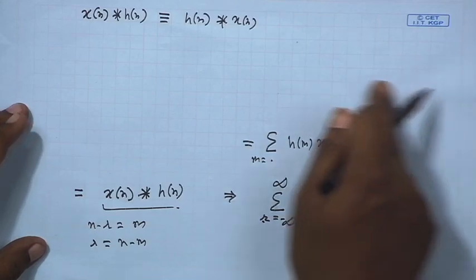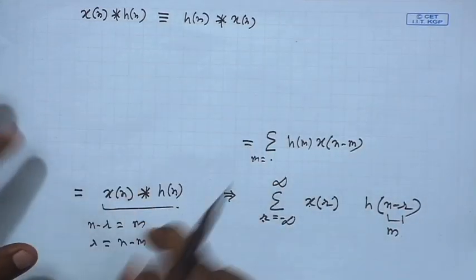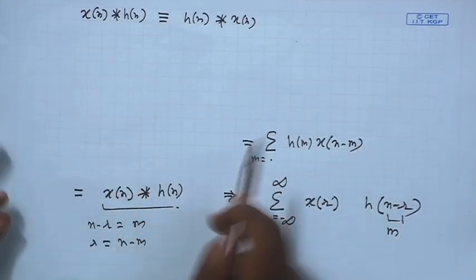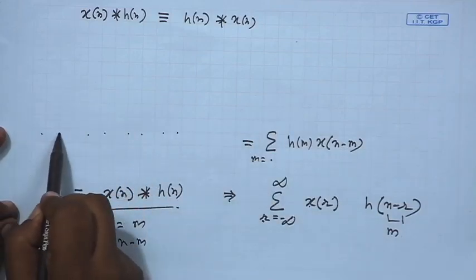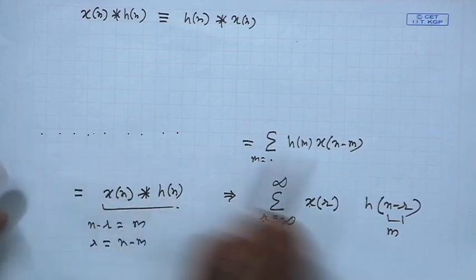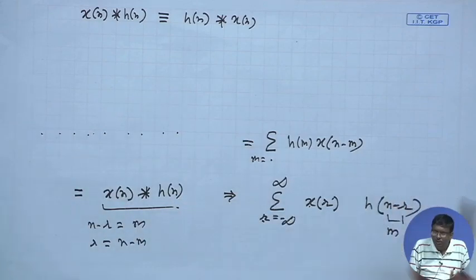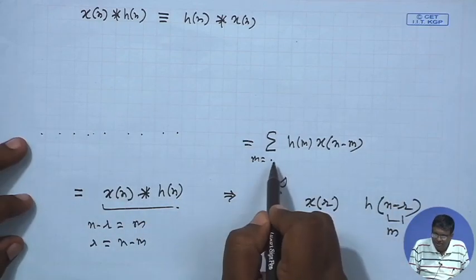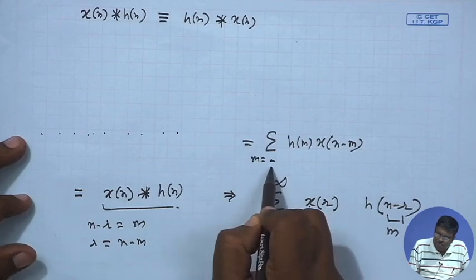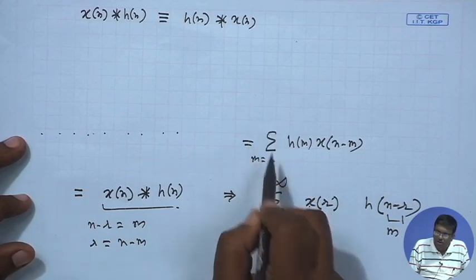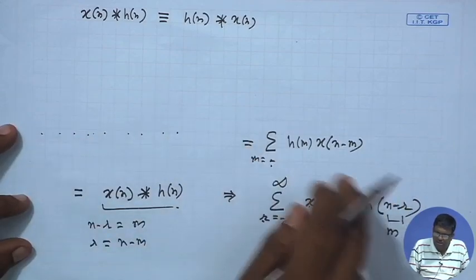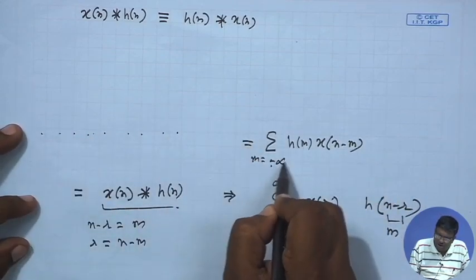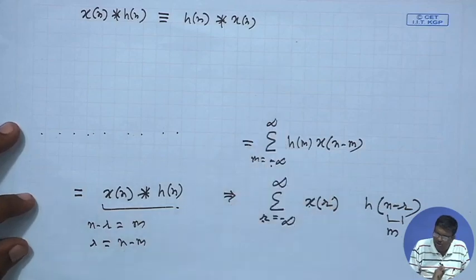But it is a discrete summation. So, if you sum from right to left, or left to right, you cover all the points. So, it does not make any change. Therefore, summation from plus infinity to minus infinity or minus infinity to plus infinity, you cover all the discrete points on this time axis, right. So, it does not change. So, I again write m from minus infinity to infinity.